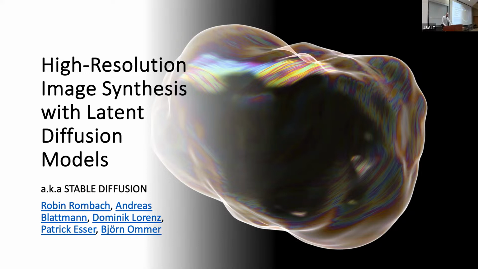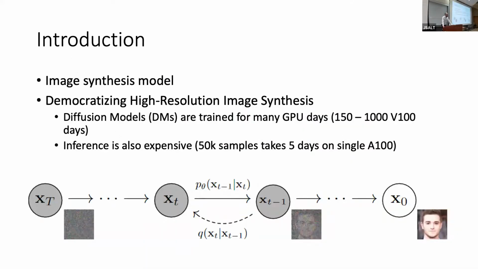So let me go through it. This is probably well known by some people. Some people hopefully see it for the first time. And this is the process of diffusion. It's actually also a physical property of the universe, that if you put a tea bag into your hot water, it will diffuse, right?